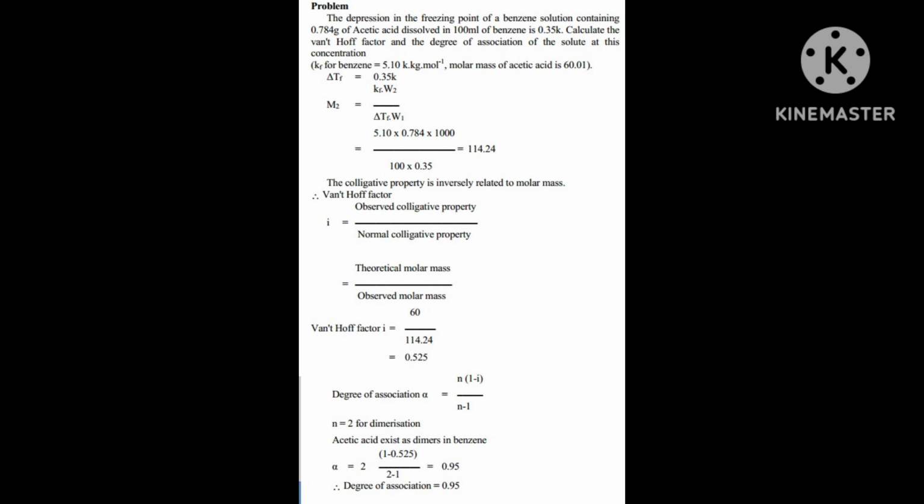Now you have to calculate x. How will you get x? Just like in the last numericals I told you, at equilibrium, how many moles are there? That is equal to I.